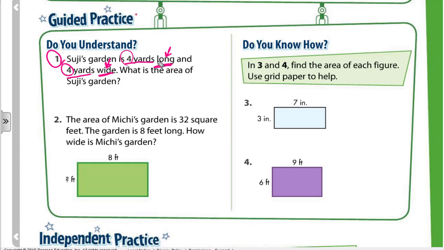The first one, the length is 4. Again. The first dimension is the length. It's 4 yards. And the width is 4 yards. Ahmed, first write in the chat. My heroes, do not use the chat.